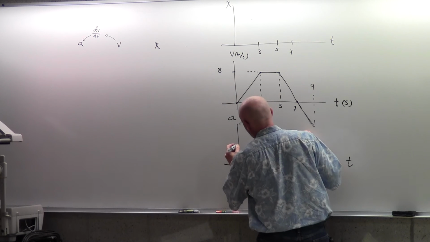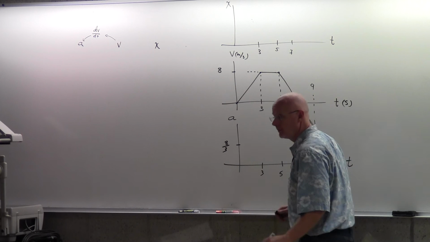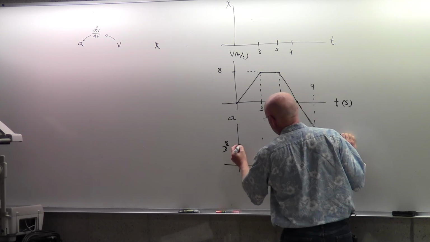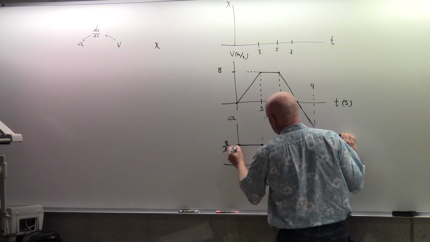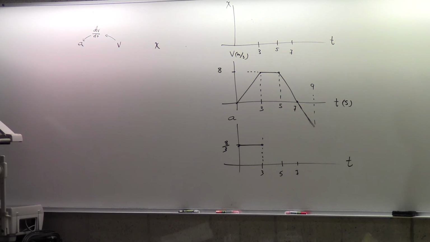So I'm going to take a little mark here and say, okay, here is the 8/3. And from 0 to 3 seconds, I have a constant acceleration. Isn't that how you draw a constant acceleration, right? A level line, same value for the whole time? Sure. Okay.